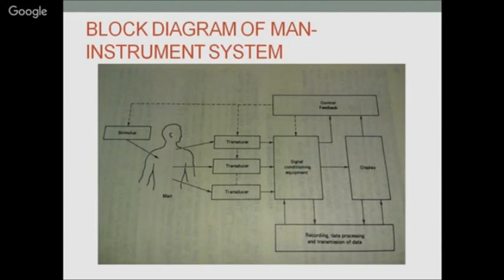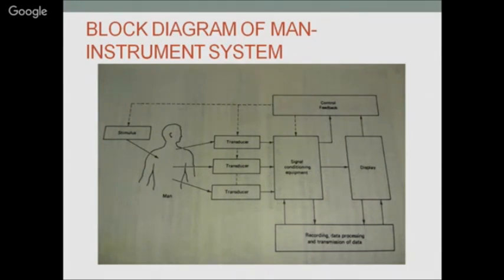Okay, now you can utilize the signal conditioning circuit's output for control purposes, for feedback. That is why a control and feedback block is shown here. If you just want to display that variable, that quantity, then you can directly connect a display instrument there. Then recording is also important here. Why?